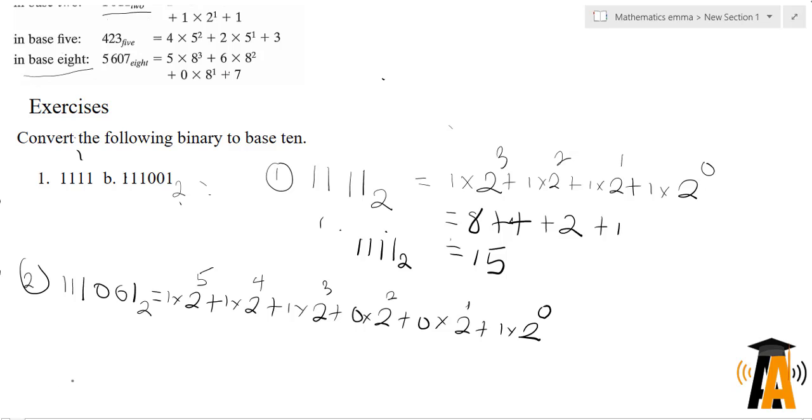Now this is equal to 2 to the power 5, that is 2 times 2 is 4, times 2 is 8, times 2 is 16, times 2 is 32, times 2 is 64.